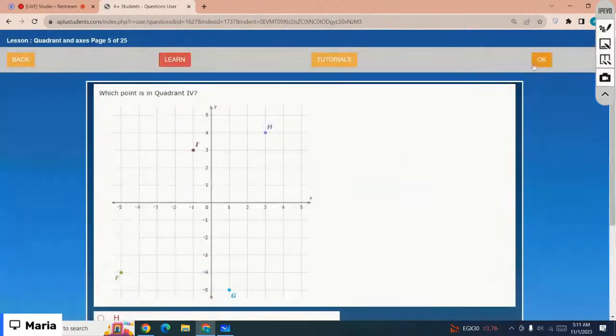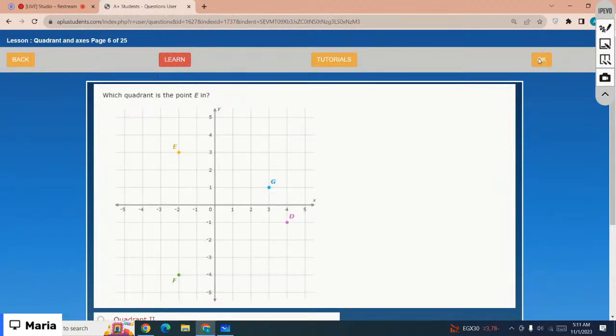Okay, the next one is which quadrant is the point E in? Which is the correct option?